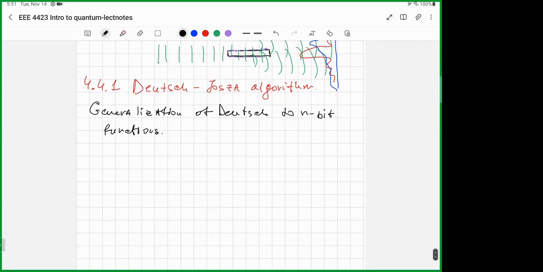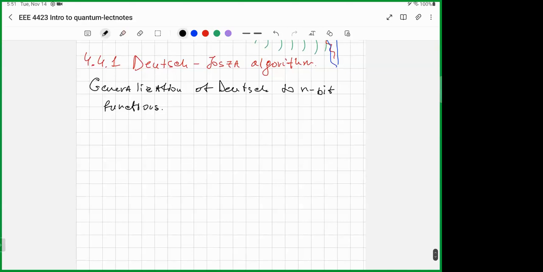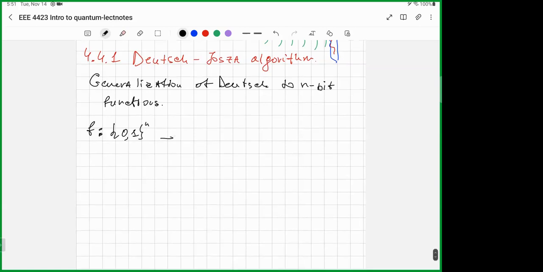Okay, so how does this n bit function work? This oracle. So the oracle function f in the n bit case gets an n bit string as an input, 0, 1, of length n. Okay, and returns just either 0 or 1, this oracle.